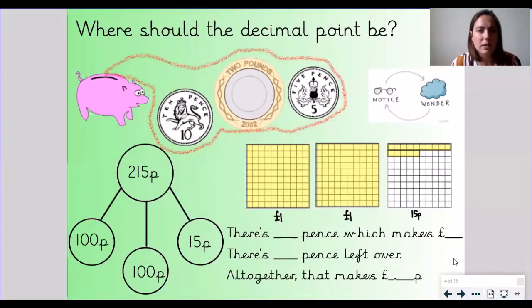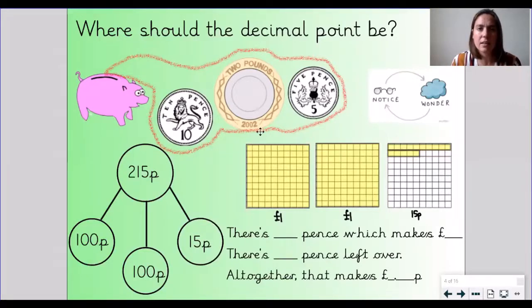Have a look at this one. What have we got here? We've got £2, 10 pence, and 5 pence. How might I figure out where the decimal point should go? I've got my 100 squares to show me what I've got. I've also drawn a part whole model. They're both representing the same thing.